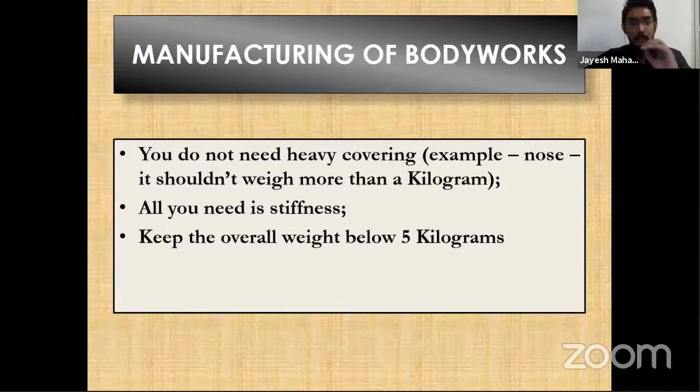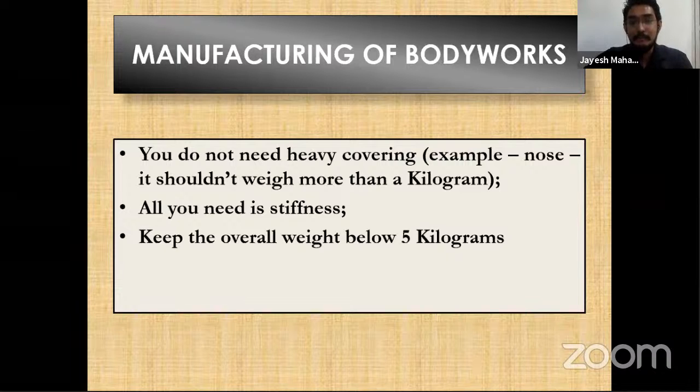So make it quite light, just like paper, and it will serve the purpose. All you need in a bodywork is stiffness. Considering all the floorboards and bodyworks, I don't think it should weigh more than 5 kgs.